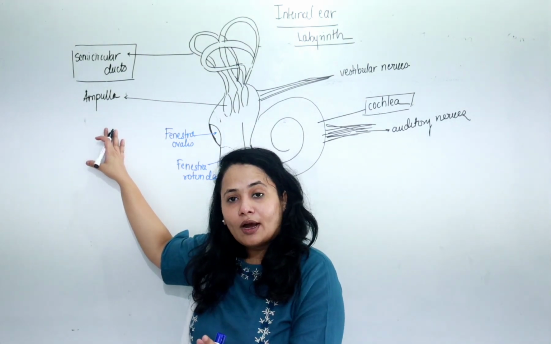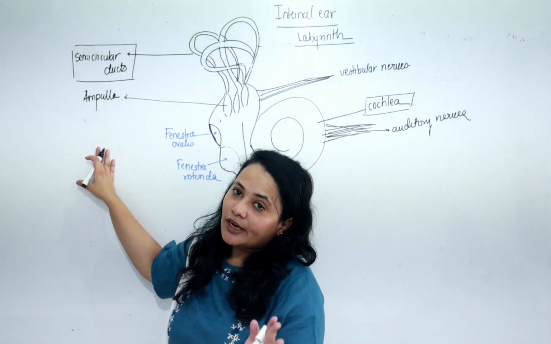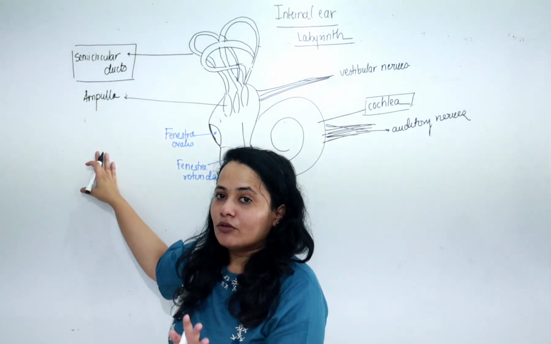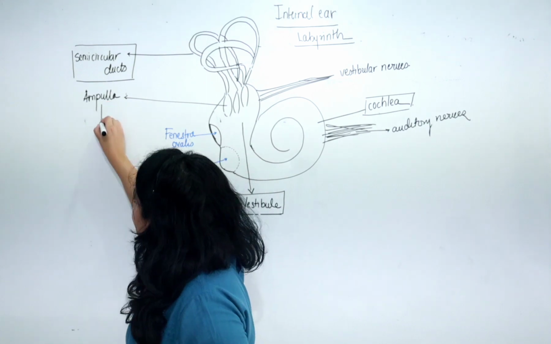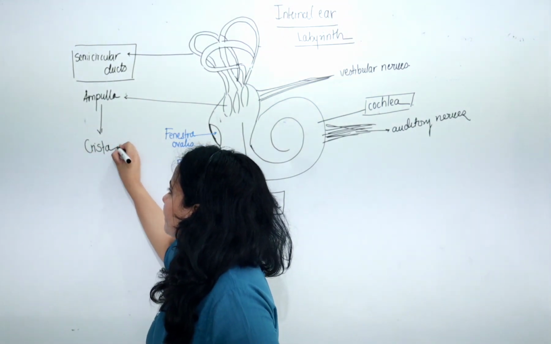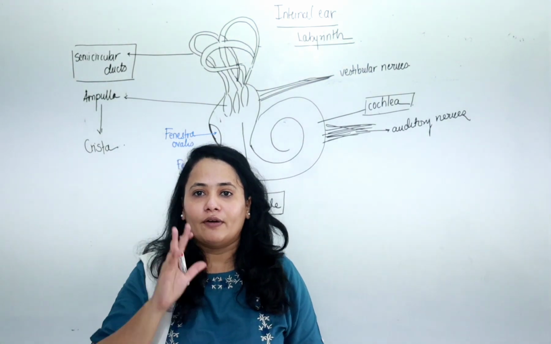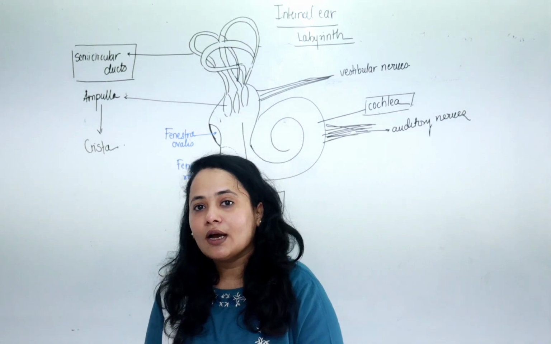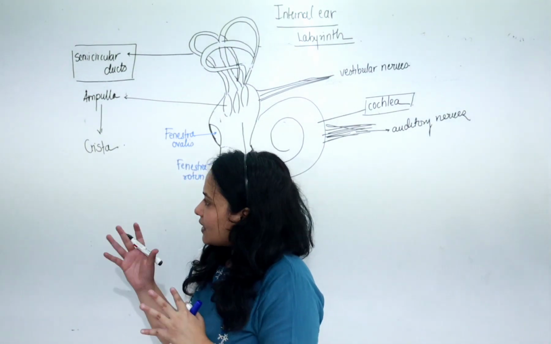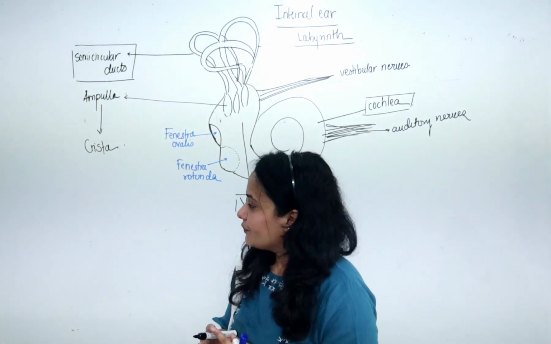Each ampulla possesses one sensory spot, so 3 ampullae possess 3 sensory spots respectively, and this sensory spot is known as the crista. In your book it is mentioned as crista ampullaris. Now let us understand how this crista ampullaris looks.